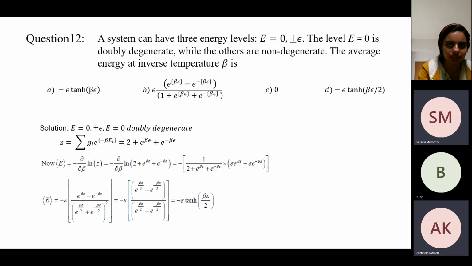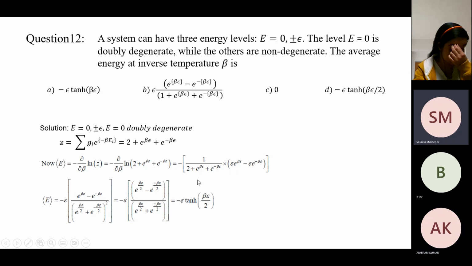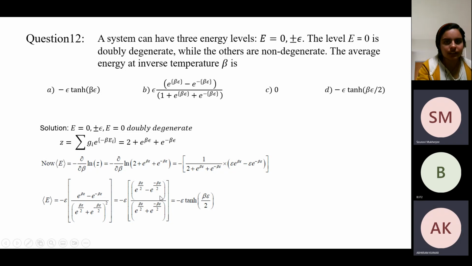Okay, it's my fault. Yeah, exactly, so the concept is clear. It should be plus epsilon, minus epsilon. Yeah. Actually, today I have made more mistakes, trying to guess in every problem.